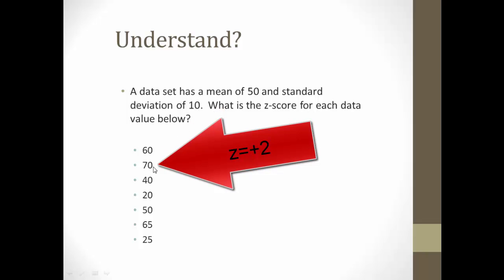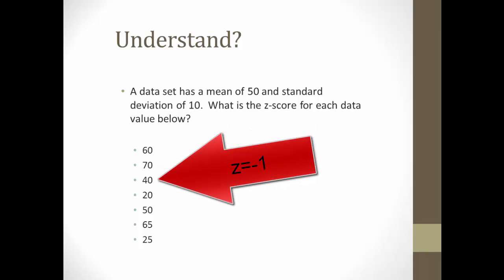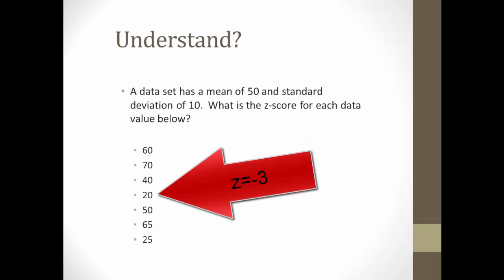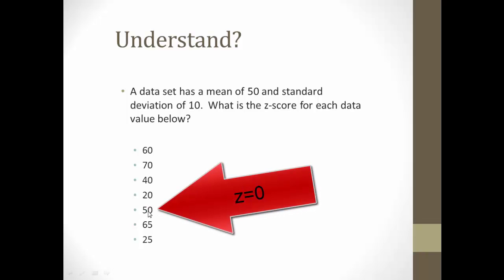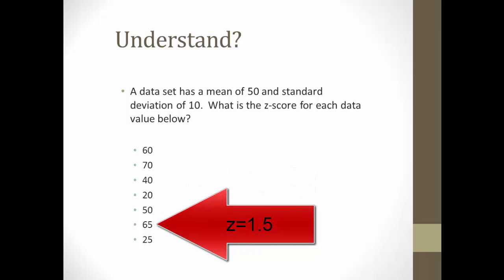70 is two standard deviations above the mean, so its z-score is plus 2. 40 is one standard deviation below the mean, so its z-score is negative 1. 20 is 3 standard deviations below the mean, so its z-score is negative 3. 50 is the mean, so it's no distance from the mean, so its z-score is 0. 65 is 1.5 standard deviations above the mean. 50 plus 10 is 60, plus half of a standard deviation, 5, gets me to 65.